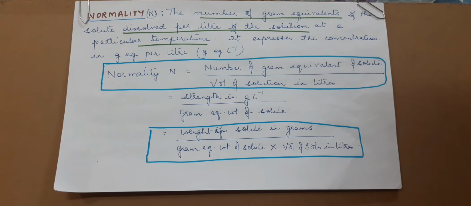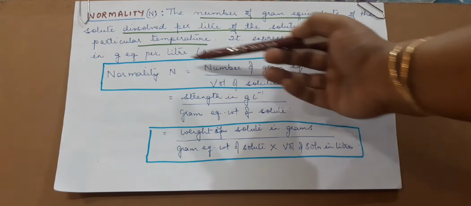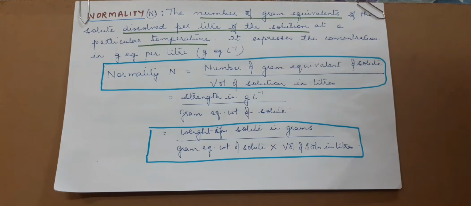Moles per liter was for molarity. Gram equivalent per liter would be for normality. So all these interesting terms: molarity, molality, formality, and now normality.